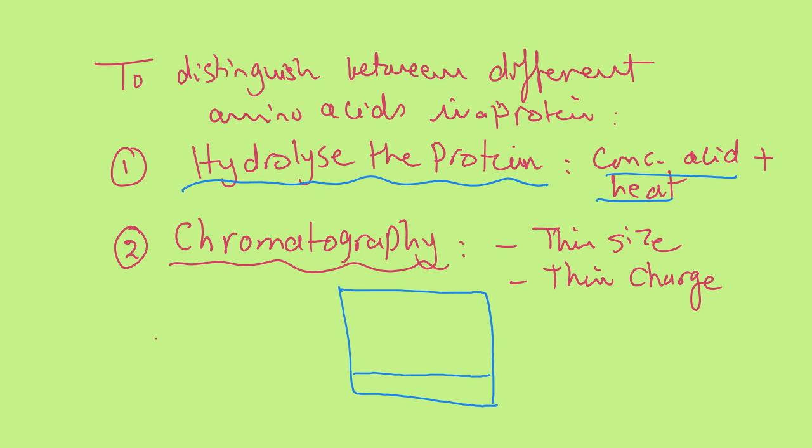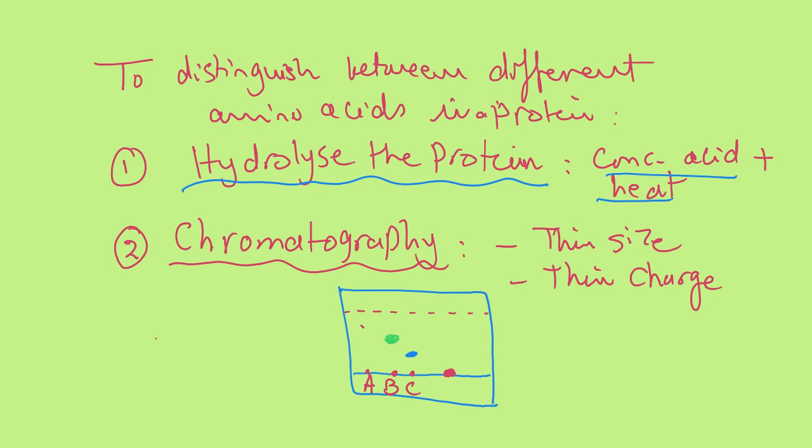Okay? When you are making chromatography, you will put here the spot of your unknown one, and you can put like 3 different types of amino acids of known RF value. So suppose one will go to this point and this to this and like this. Okay, and then you are going to hydrolyze your protein.